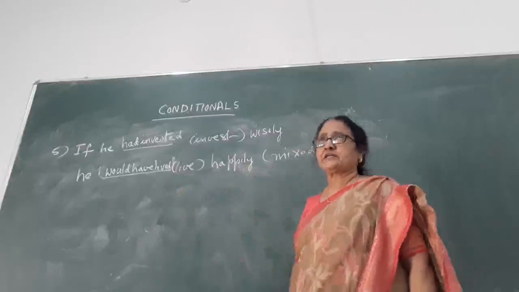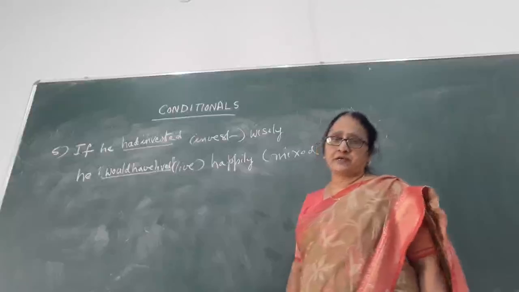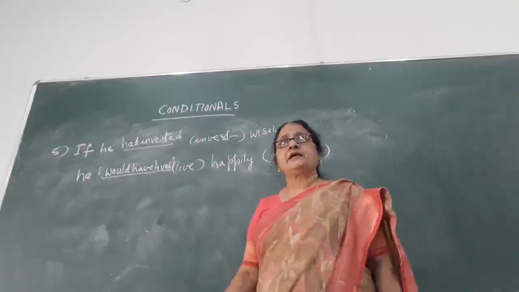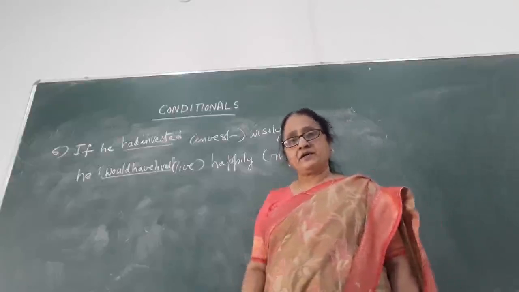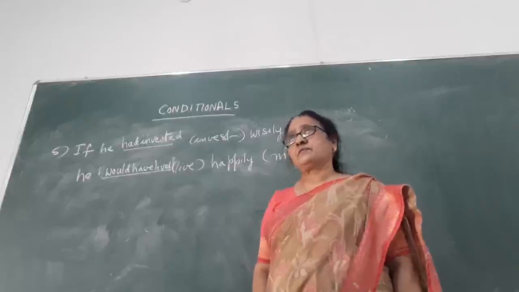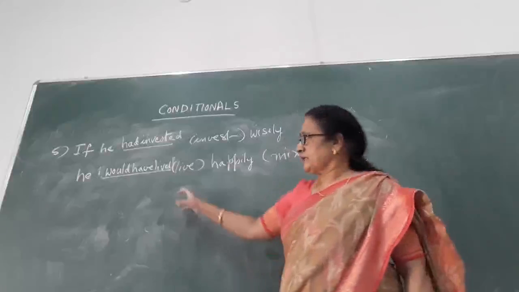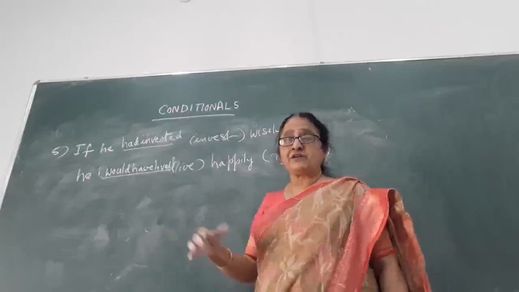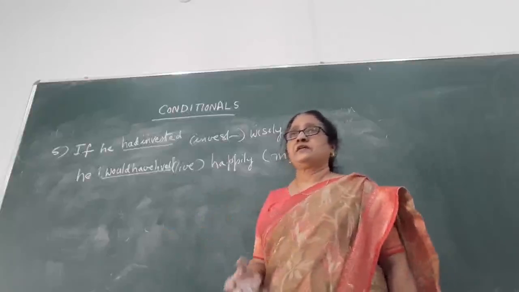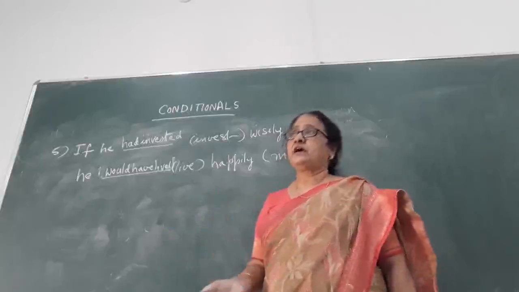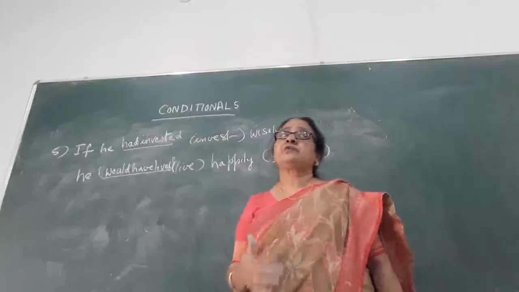So the mixed conditional is mostly similar to the third conditional, in which the if condition is in past perfect and the main clause is would plus have plus V3. According to that you have to write. So you should learn what a mixed conditional is, and what comes in the if clause and in the main clause. In all the conditionals you just have to remember them.